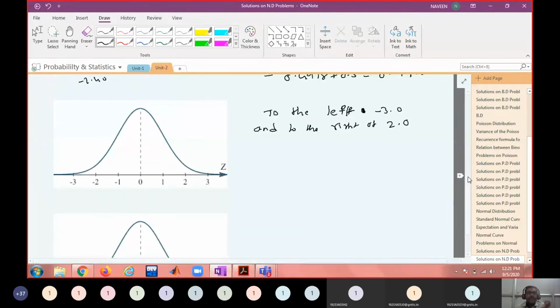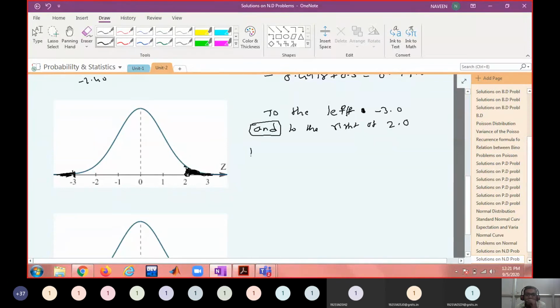Now tell me how to do this. Minus 3.0 is here. This left area I want, and to the right of 2.0. Okay, so I want these tail areas. How do you find out these tail areas?